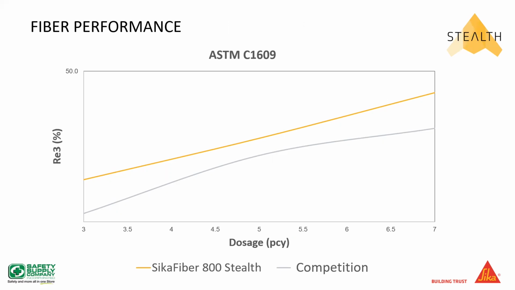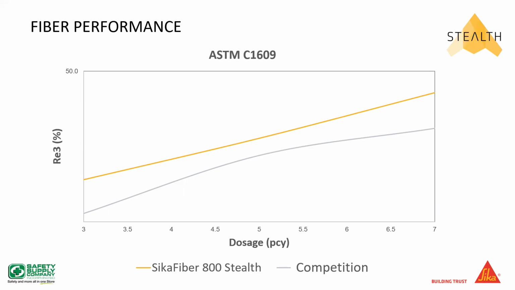We talked about the RE3 value. That's what this chart is showing, the dosage rate and the RE3 value that you achieve. Of course, the higher the RE3, the better, or the stronger the slab. If you look at the yellow line, that's where the Stealth performs, whereas the gray line shows the performance, as far as dosage rates and RE3 values, of one of my competitors, probably my biggest competitor of the ones I just showed you.